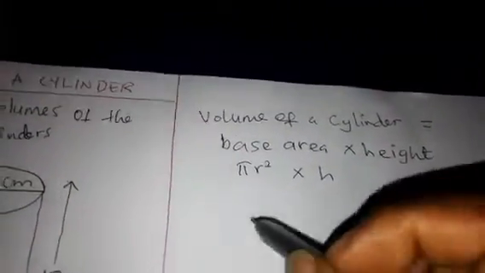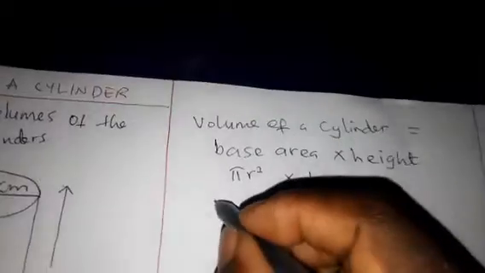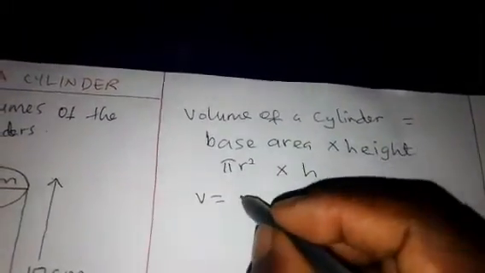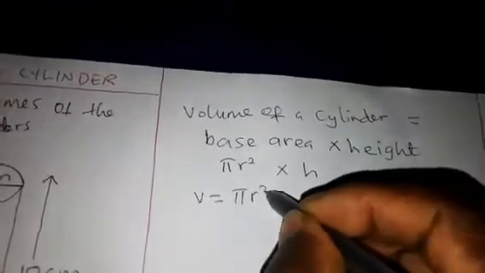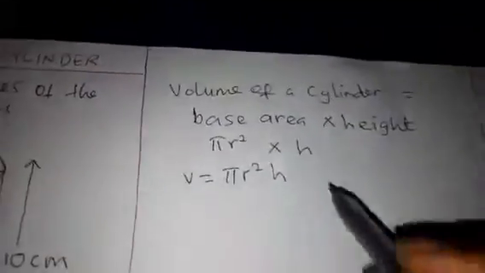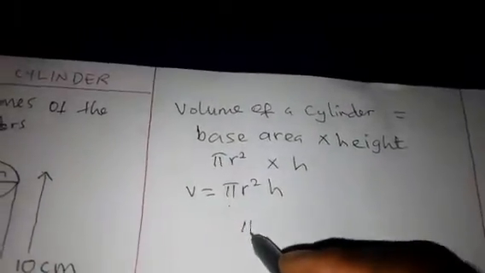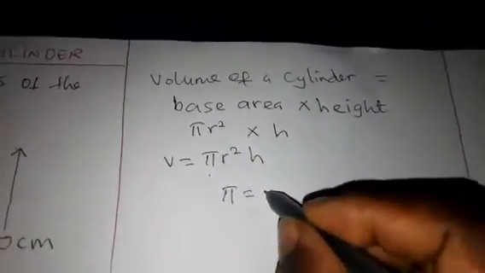Putting this together, the volume of a cylinder V is equal to pi r squared h.